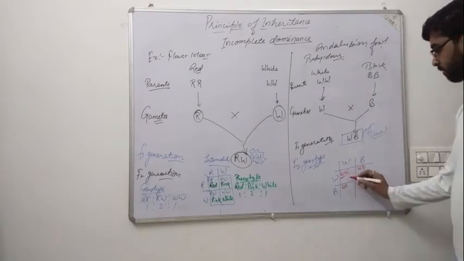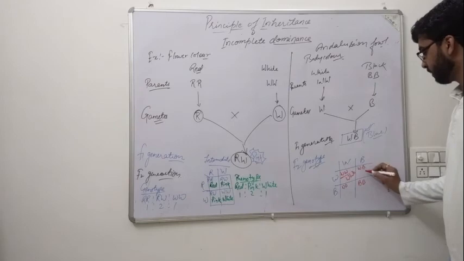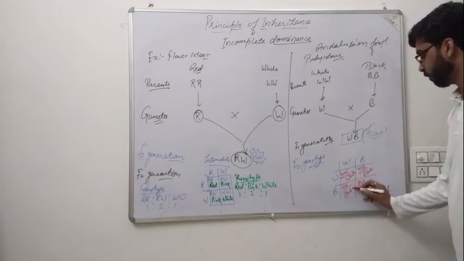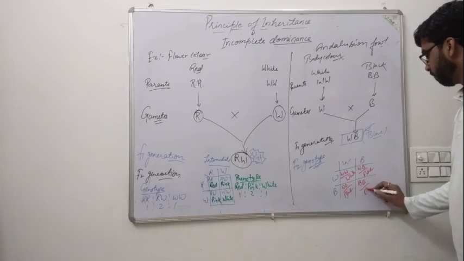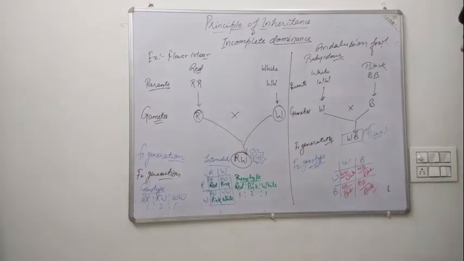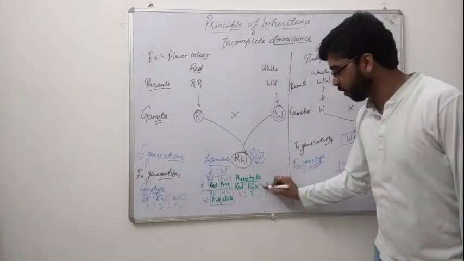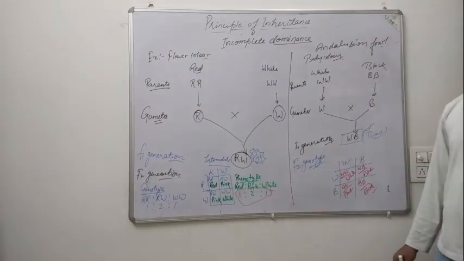WW means white, WB blue, WB blue, and BB black. And we go through the phenotypic and genotypic ratios. We get a 1:2:1 ratio again here.